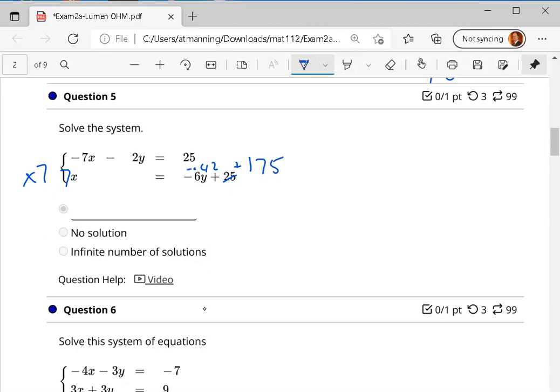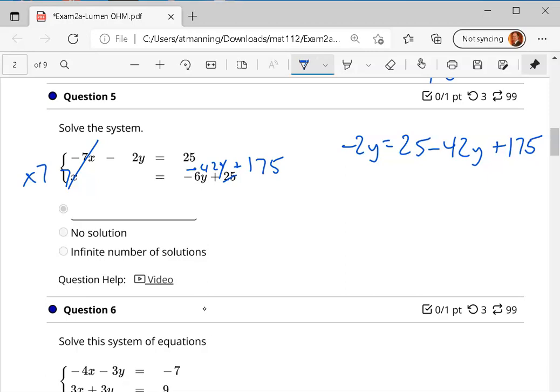42y minus 42y plus 175. Well, look at this. I add them together, and my x's go to 0, and I get minus 2y equals 25 minus 42y plus 175. Well, 25 plus 175 gives us 200.